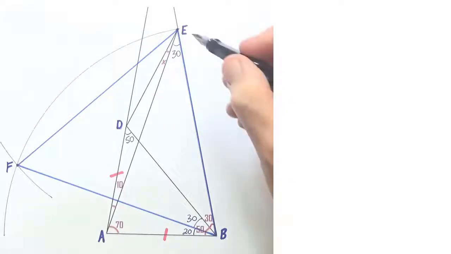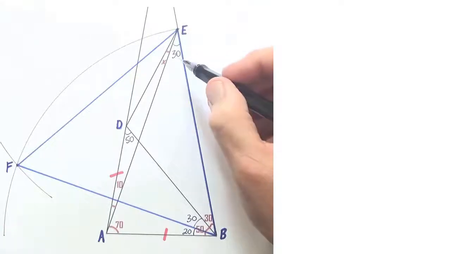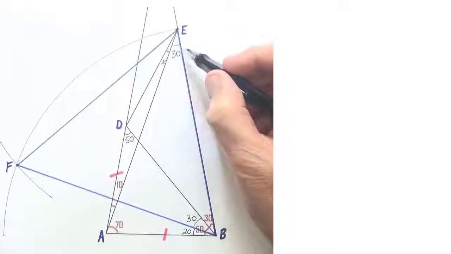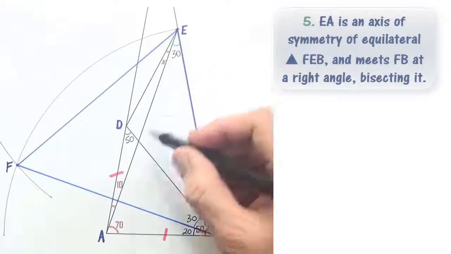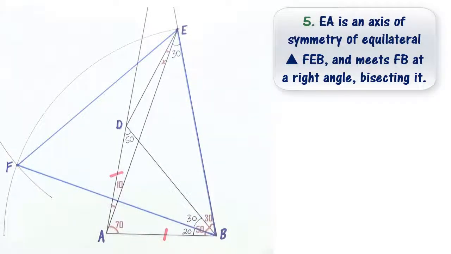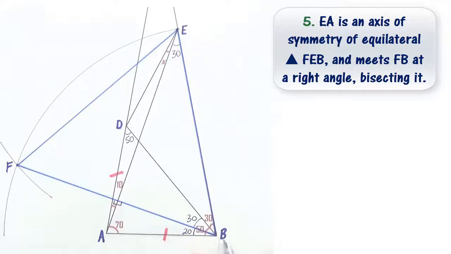Now I want to look at the line EA, and I note that there's an angle of 30 degrees at the top, which means the line bisects the angle of 60 degrees. It's actually a perpendicular bisector of the line FB, meeting it at a right angle.